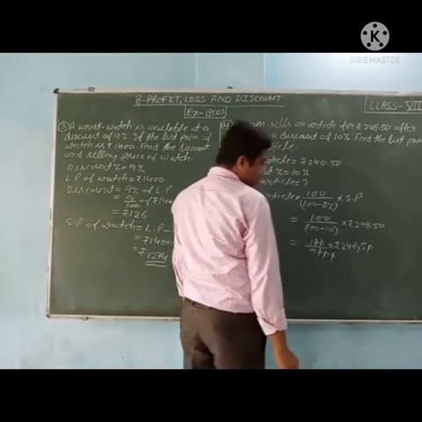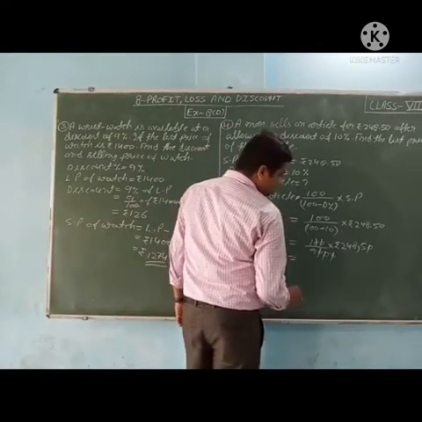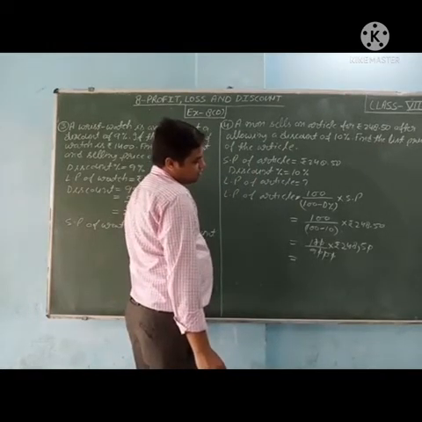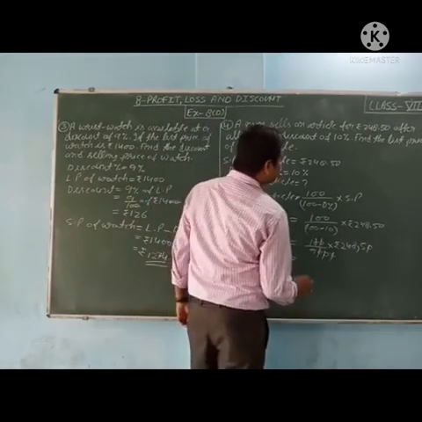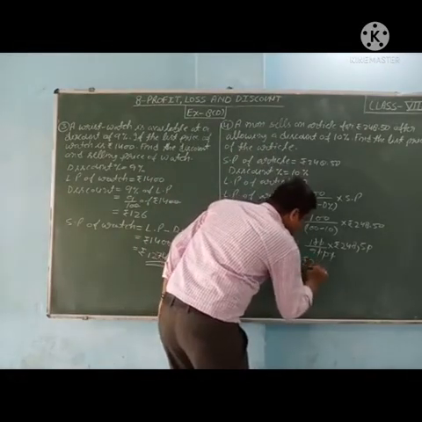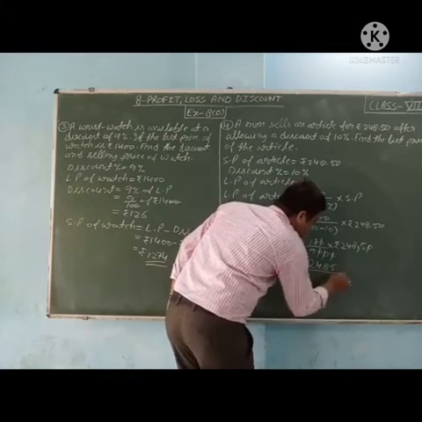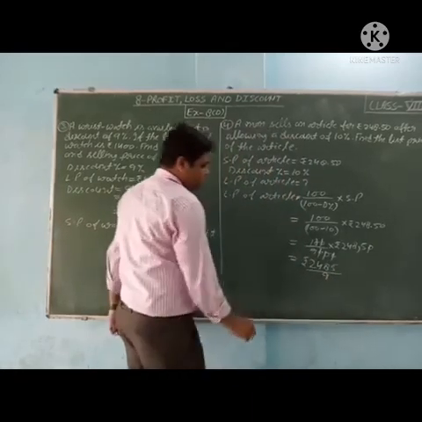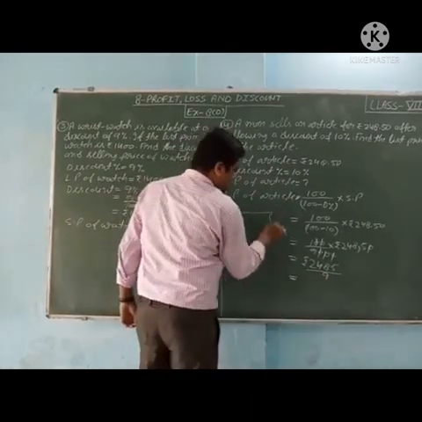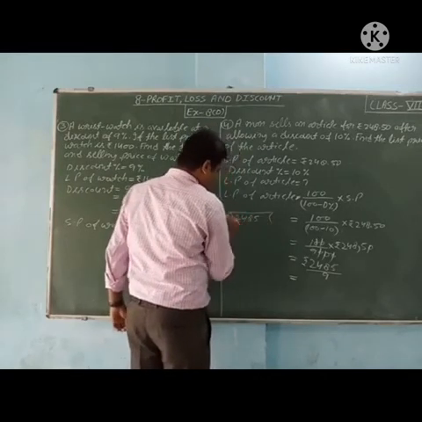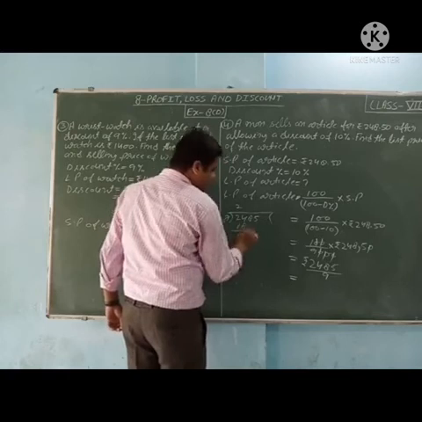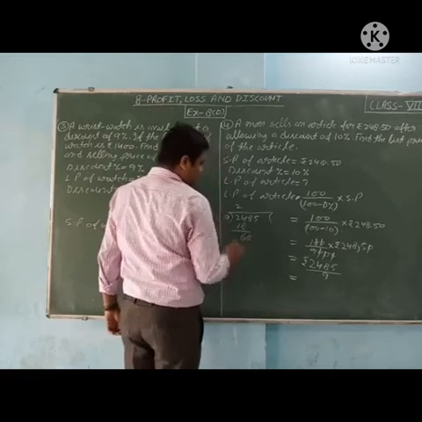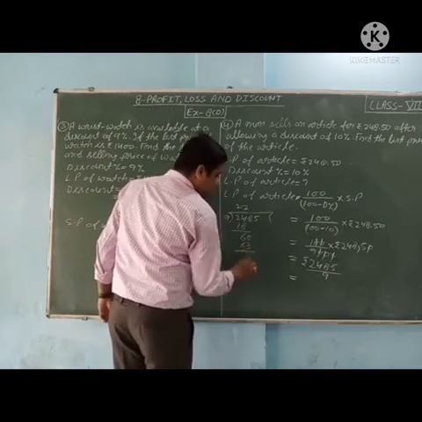If it is divisible, then we will divide, otherwise we will give the answer in decimal. Yes, rupees 2485 upon 9. So we will divide this by 9. 2485: 9 twos are 18, remainder is 6 and 8. 9 sevens are 63, remainder is 5.